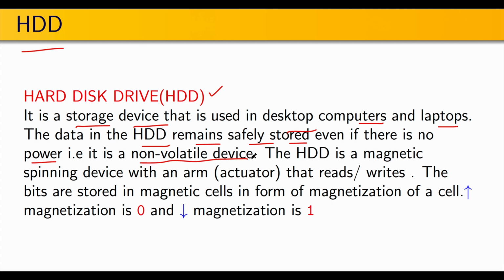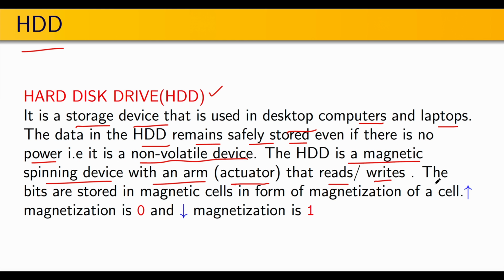But RAM helps in calculations. When you are writing programs or executing some application, RAM is being constantly used by the computer, because all the data that is required during the calculations or running the application is there in the RAM. So HDD is a magnetic spinning device, I told you, with an arm called the actuator that reads and writes.